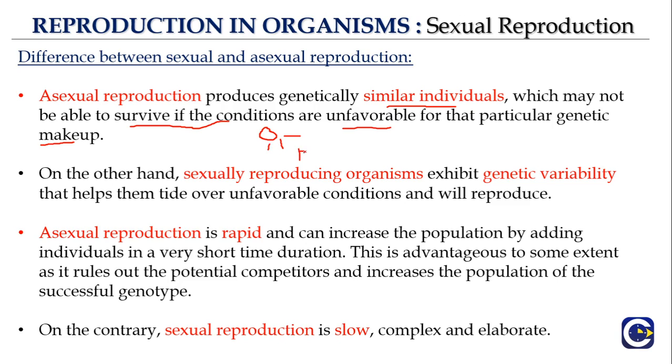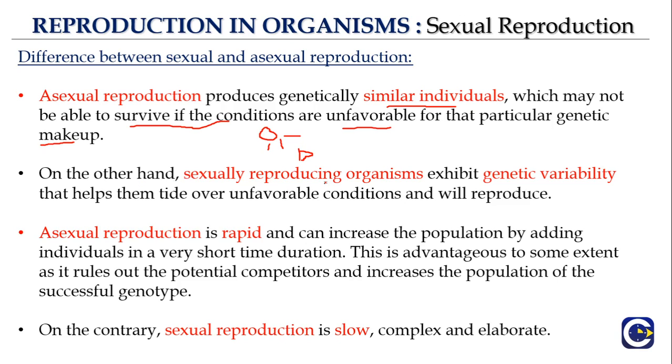It can be 2 daughter organisms if it is binary fission, or it can be multiple organisms. However, they have a genetically similar constitution and they might not be able to survive in unfavorable conditions. If their genetic composition cannot withstand, let's say, high or freezing temperatures, then they will not be able to survive.